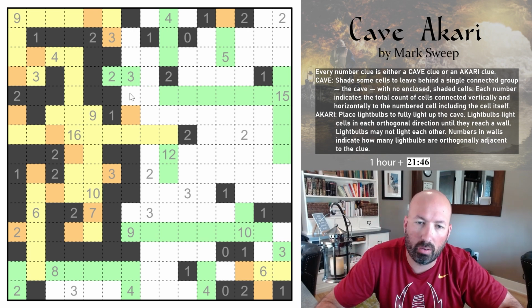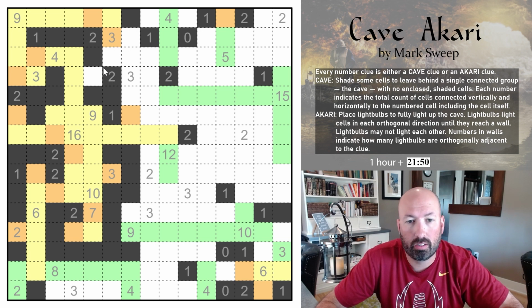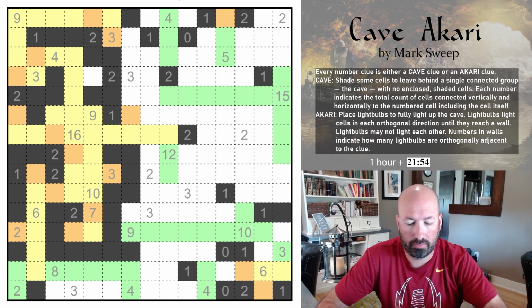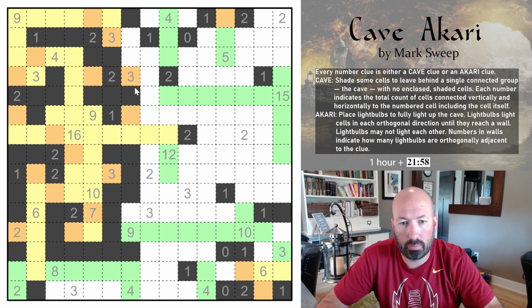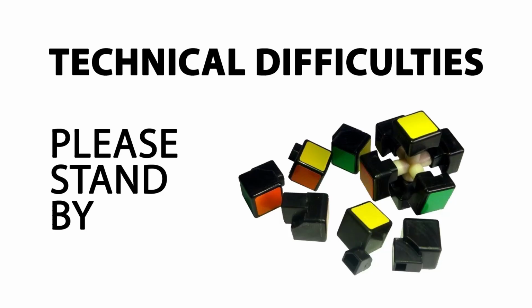It can't connect down. So this has to be wall. Which we said then means you have to put a wall up here. You have to have lights on either side, which then means there has to be a wall here so these 2 lights don't see each other. You're going to have cave this way for this 3.